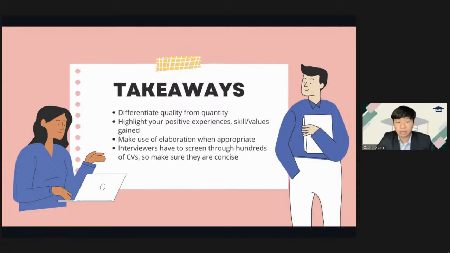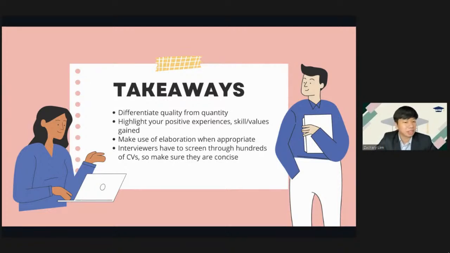The next thing is to also highlight your positive experiences, like skills and values that you've gained. This could be included in short descriptions after certain achievements or activities that you've described. And make sure you use the powerful keywords that I've mentioned earlier to highlight these skills and values. And the next one is to make use of elaboration when appropriate.